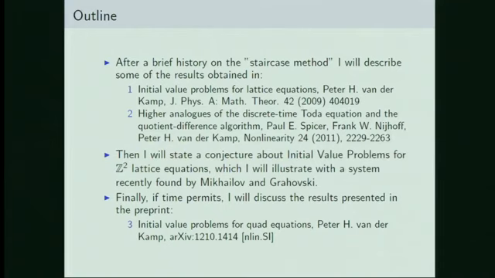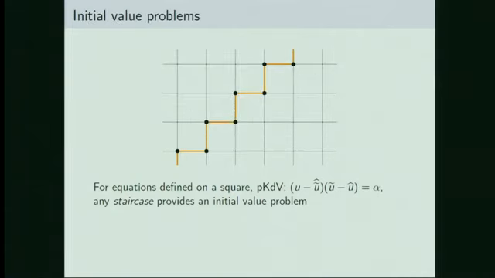And then, if there's time, there's a second part, specifically on quad equations on quad graphs. And there's a preprint that I put up last year. It's there. So you can have initial value problems.